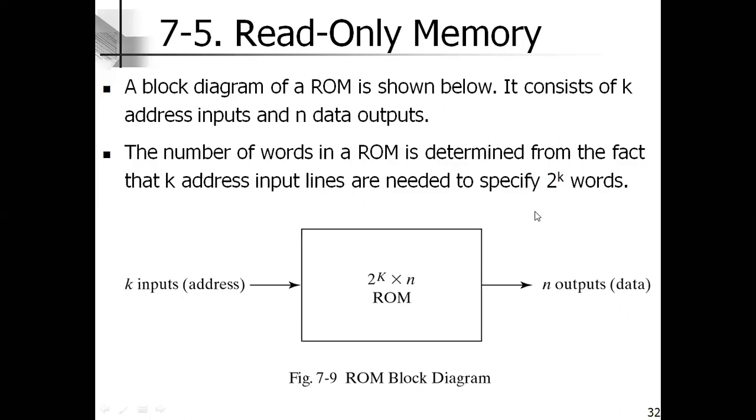So here it consists of k address inputs and n data outputs. This is the ROM block diagram. The number of words in a ROM is determined from the k address input lines, which are needed to specify 2 power k words.